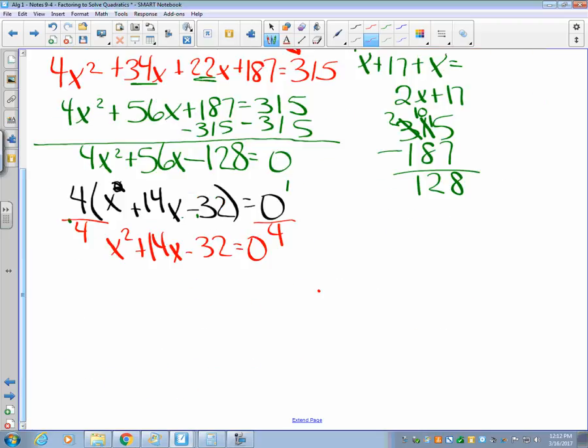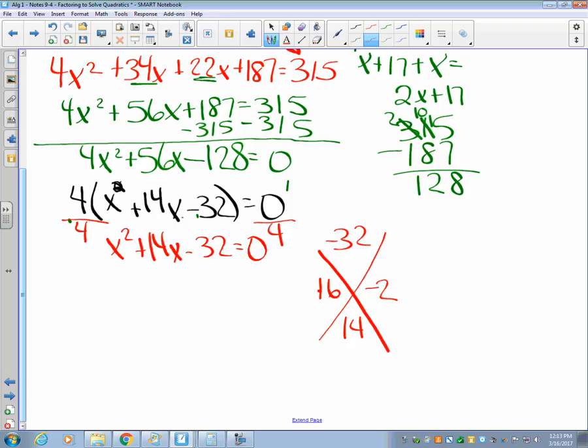Okay, so we're going to X method this out. So two numbers that multiply to give us negative 32 and add to give us 14. How about 16 and 2? Which one has to be negative, the 16 or the 2? The 2. 14 is positive, so I want my bigger number to be positive.